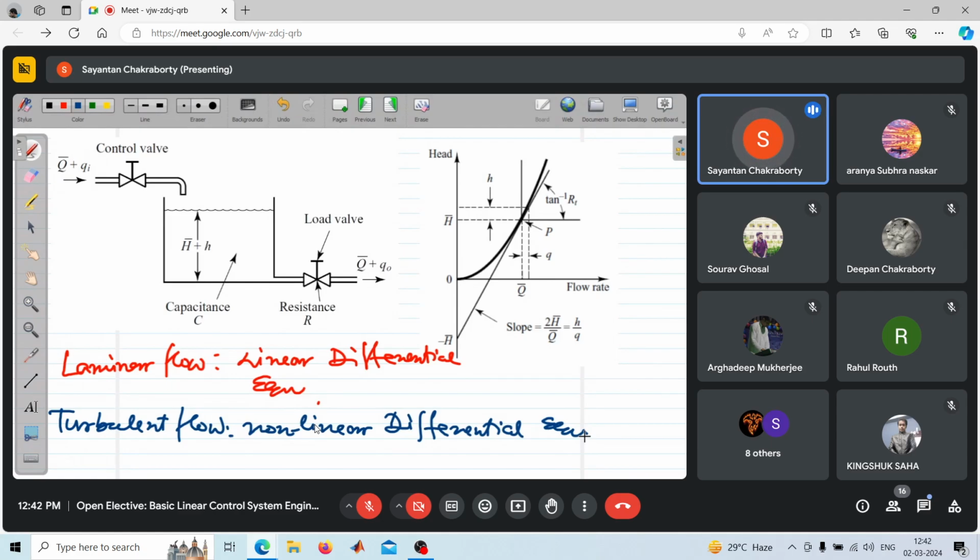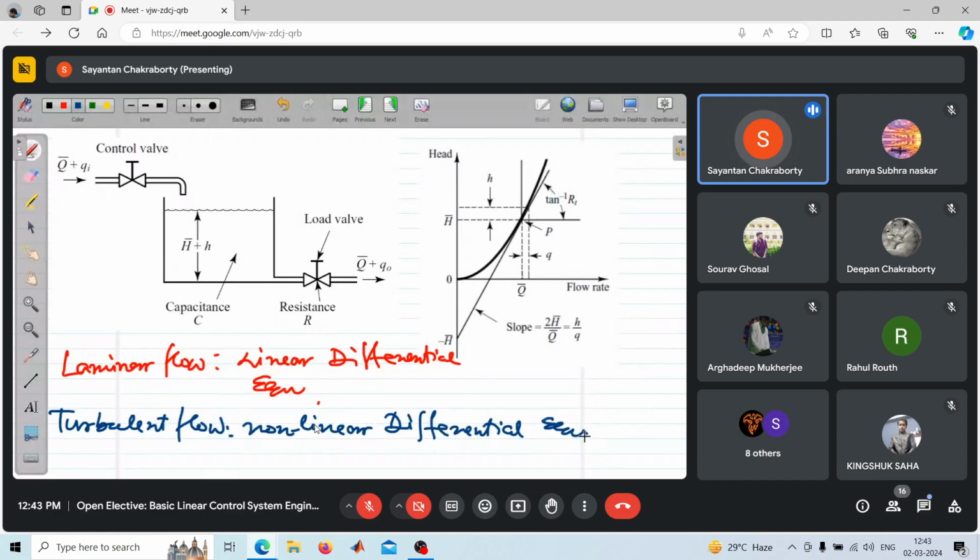For this liquid flow system, Q bar, as I mentioned, is the steady state flow rate before any change has occurred. Qi is a small deviation in the inlet flow rate from the steady state flow rate, and corresponding to that, q0 is the small deviation of the outlet flow rate from its steady state value Q bar.